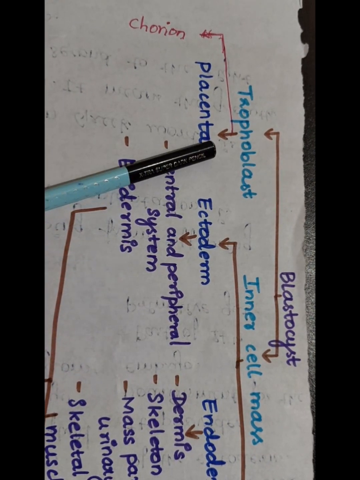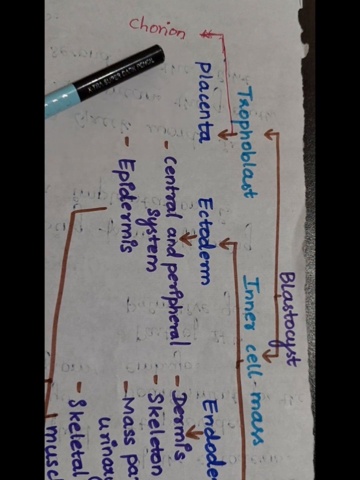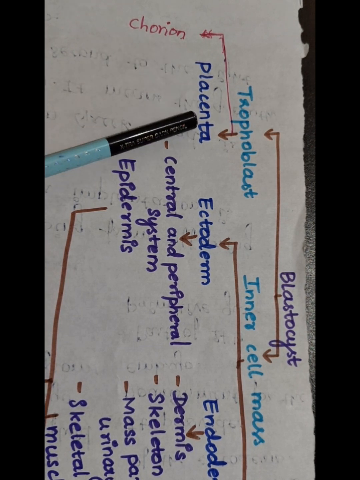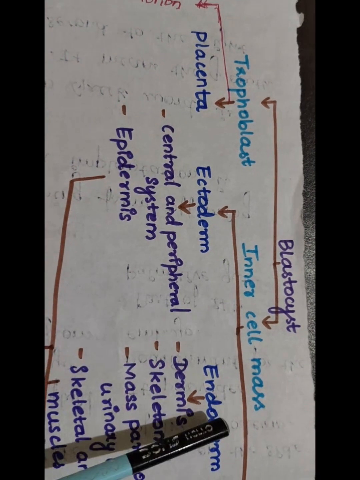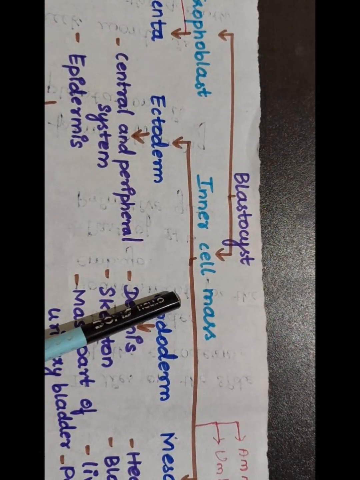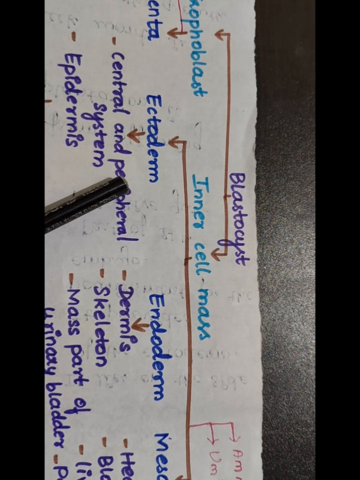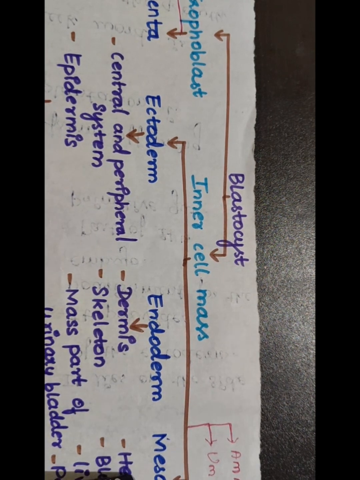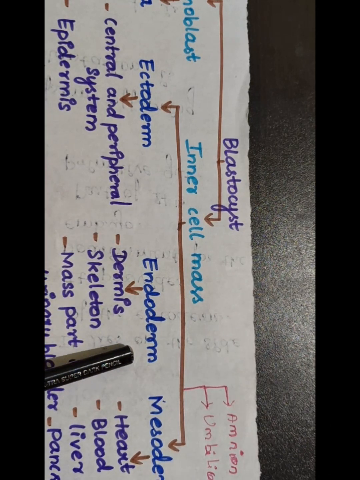The placenta and chorion will both be formed from the trophoblast, and the fetus is formed from the inner cell mass. The fetus consists of the ectoderm, endoderm and mesoderm. The three of them combined, we can call the fetus.